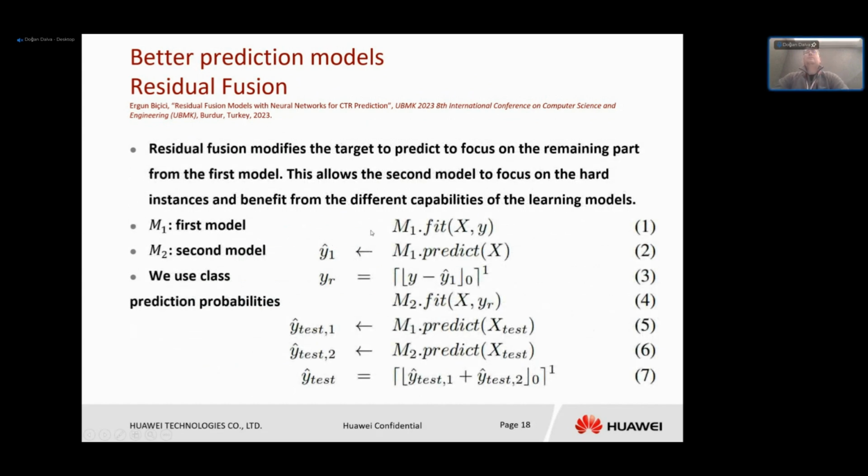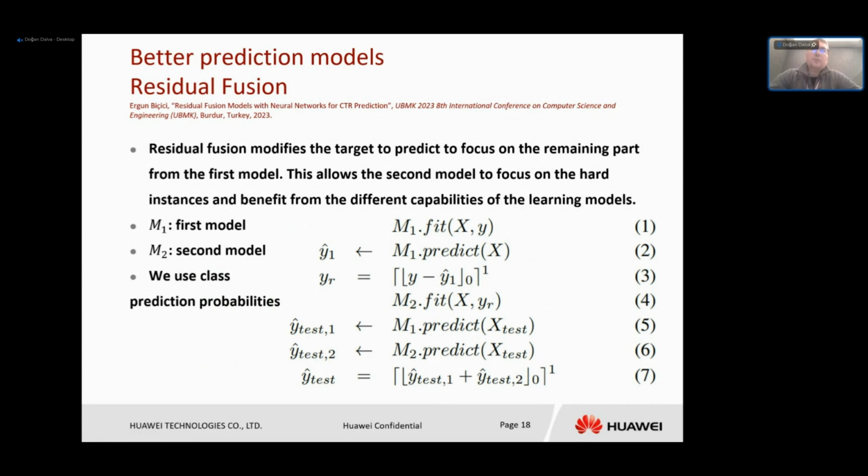This way, we work on the remaining part from the first model, which allows us to focus on the hard instances that are hard to predict according to the first model, and which allows us to benefit from different capabilities of the learning models.